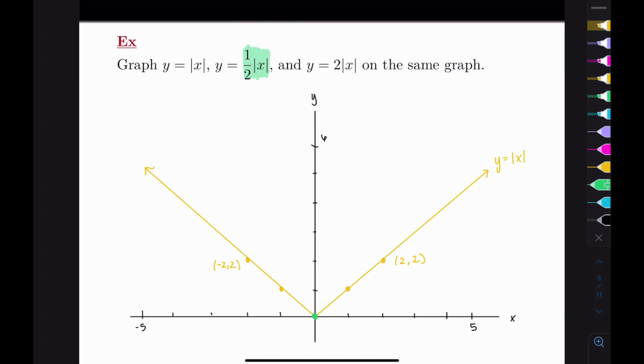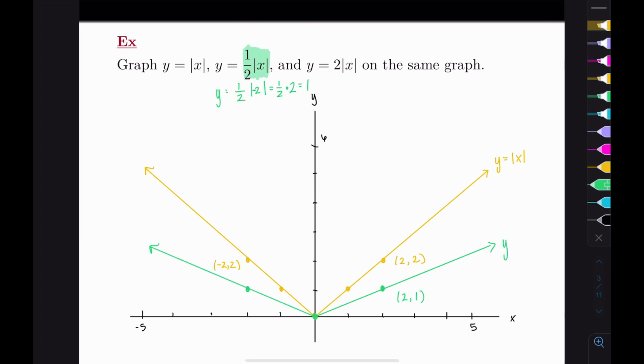But now if I plug 2 into here, this would be 1/2 times the absolute value of 2, which is 1/2 times 2, which means my new y value corresponding to x equals 2 is 1. So my point gets cut in half. And the same thing if I plugged in -2. It really makes no difference because the absolute value of -2 is still +2, so my y value is 1.